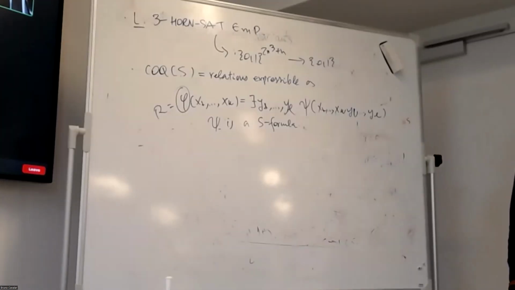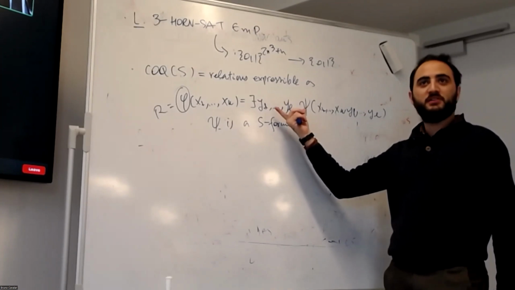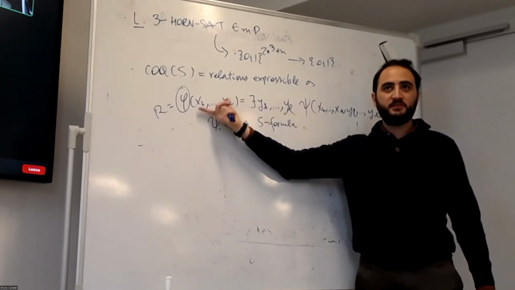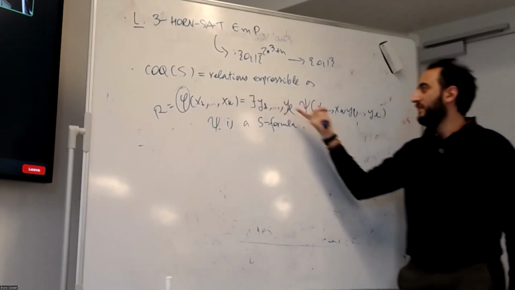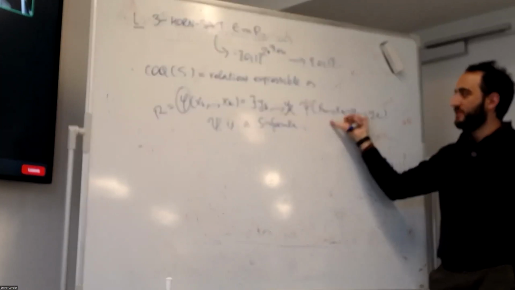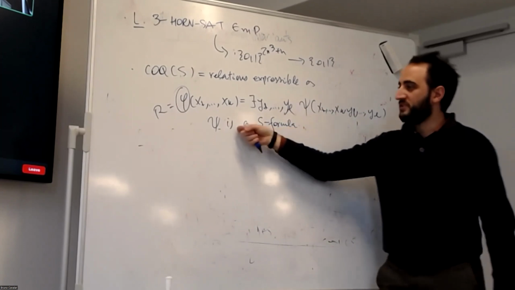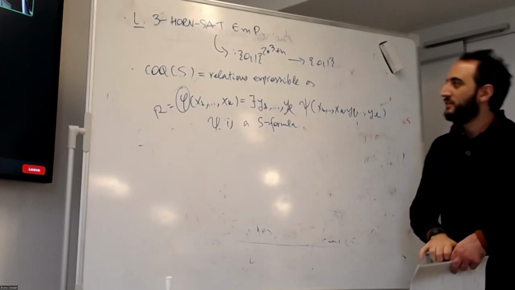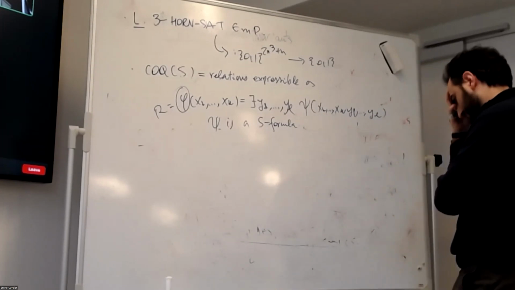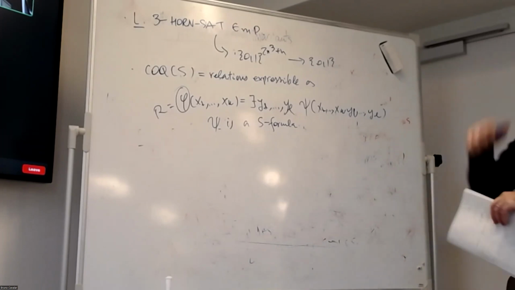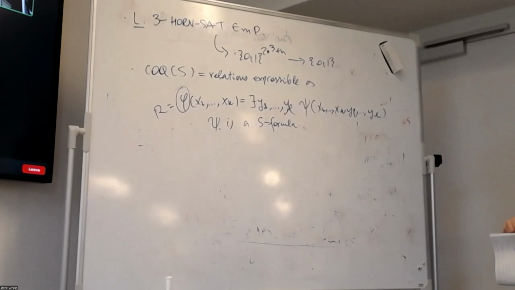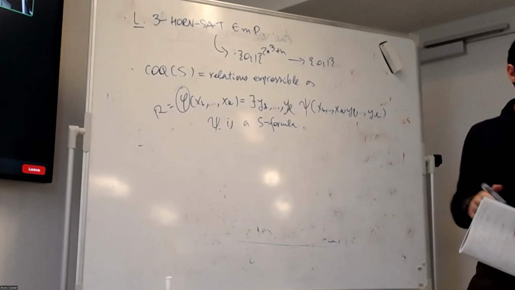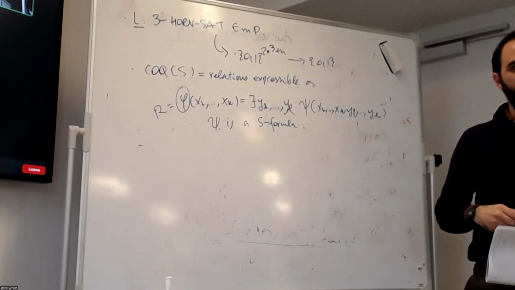And then you make an existential quantification saying that there exist some y1 up to yl which will complete this assignment to the variables, and which have to satisfy this psi, which is an S formula. Yeah, the formula is a set of constraint applications from relations in S.